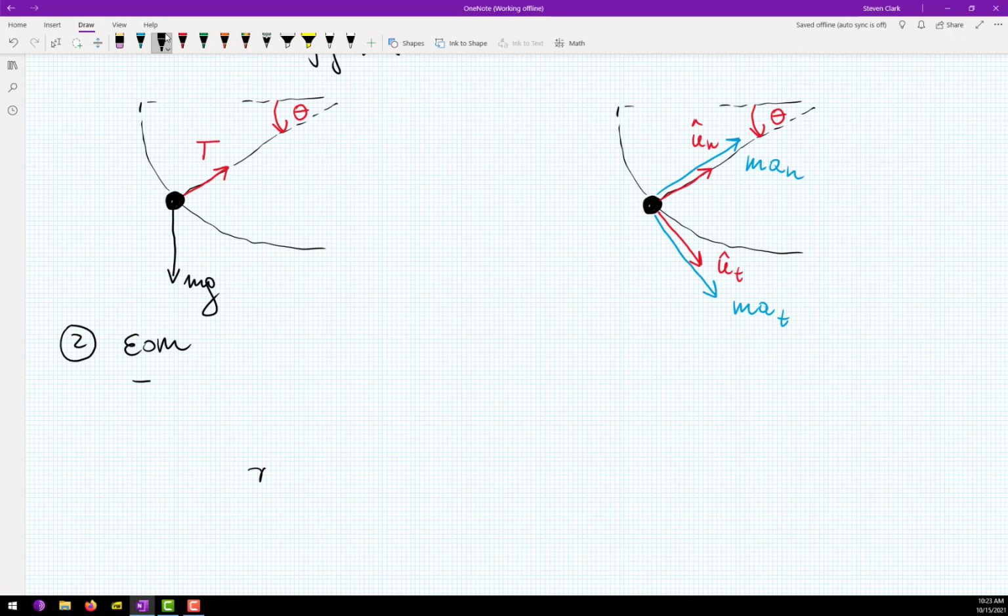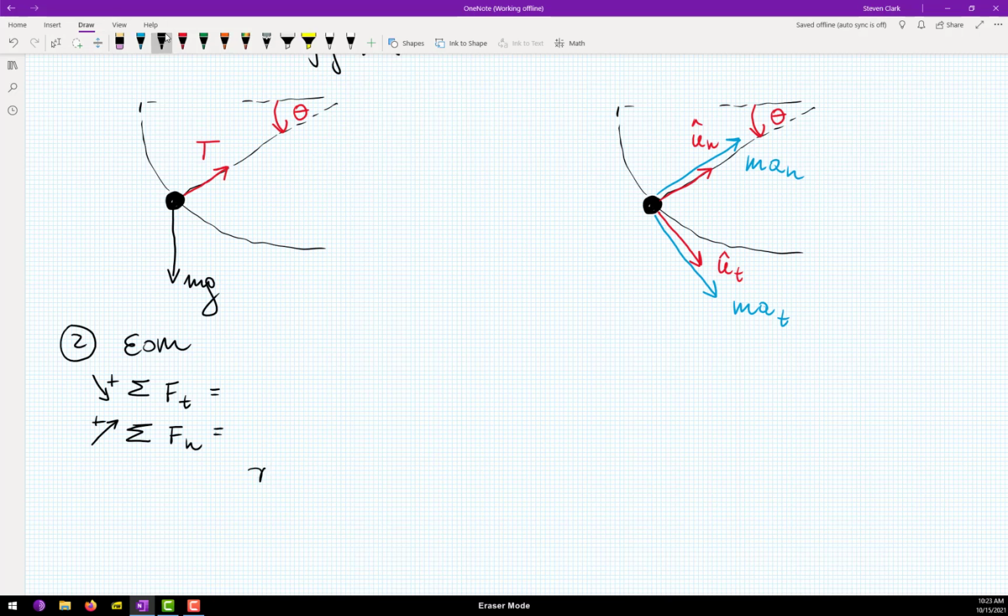Let's write the equation of motion in these two directions: sum of forces in T with this direction as positive, and sum of forces in the N direction with this direction as positive.